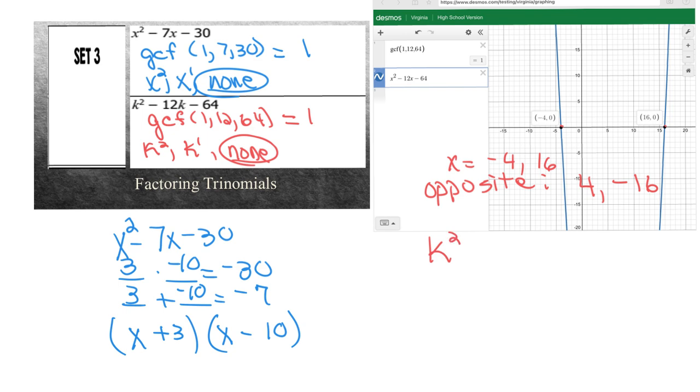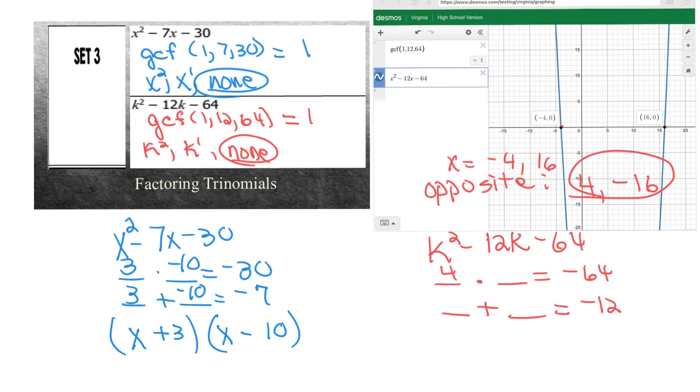So when I factor this trinomial, I was looking for the two numbers that multiplied and gave me negative 64. But when I added them, it gave me that middle number, negative 12. So the opposite was positive 4 and negative 16, which would be the correct two numbers. 4 plus negative 16 is negative 12. 4 times negative 16 is negative 64.